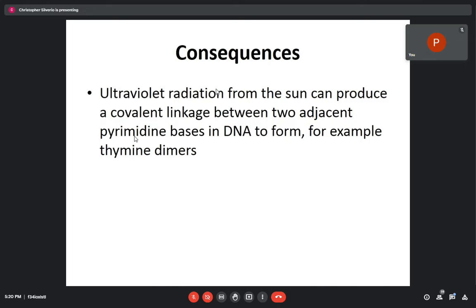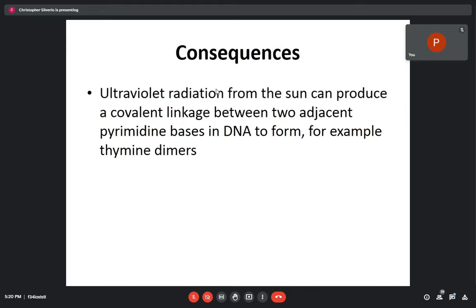The UV light could fuse your two pyrimidine bases, like thymine, magpo-fuse yung dalawa thymine, to form thymine dimers, or a thymine cytosine to form thymine cytosine dimers. That is what will happen if you expose yourself under the sun.